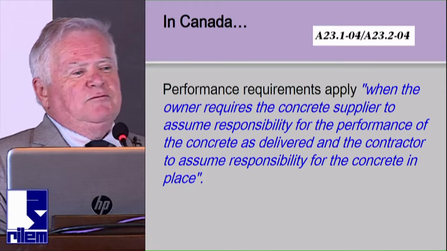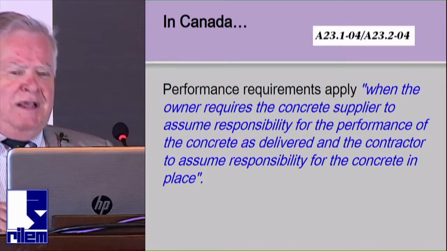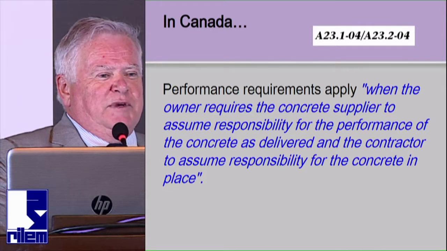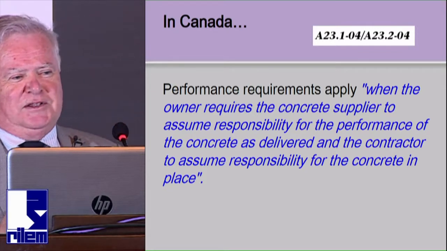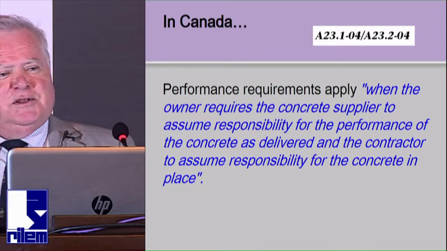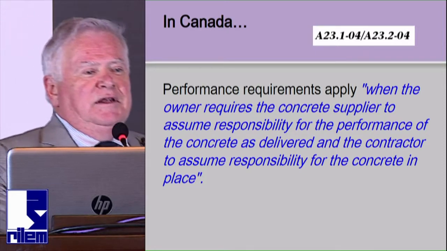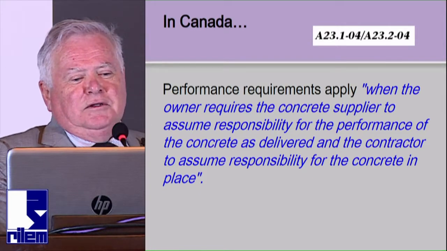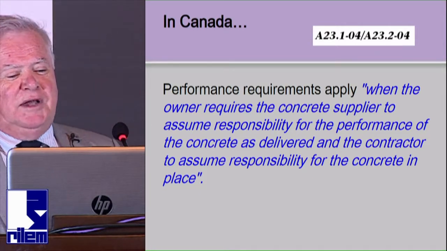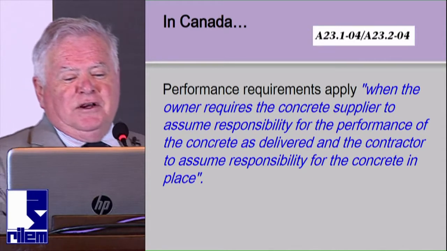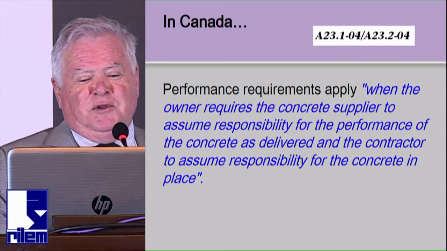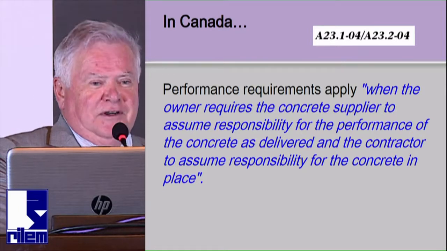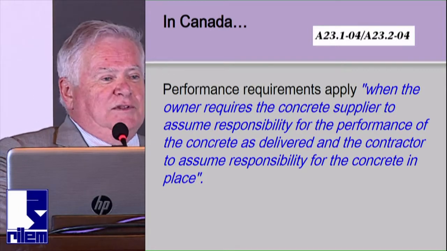We used to have a mixed thing where people would specify some things, but other things were performance related. We said, well, look, that confuses everybody. If you don't know what the roles and responsibilities are, the contractor, the concrete supplier, and the designer, then everything gets confused and it makes it more difficult to achieve things. So we said, look, performance requirements apply when the owner requires the concrete supplier to assume responsibility for the performance of the concrete as delivered, and the contractor to assume responsibility for the concrete in place. Sounds simple enough.